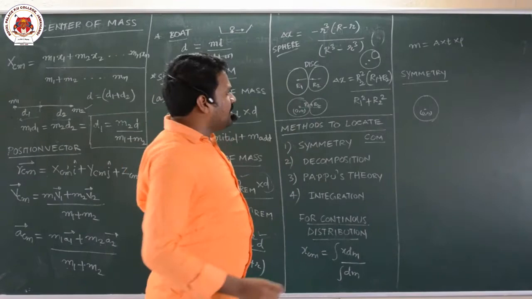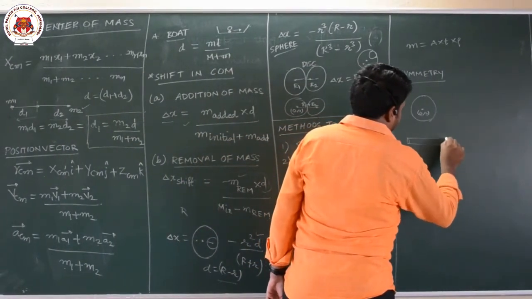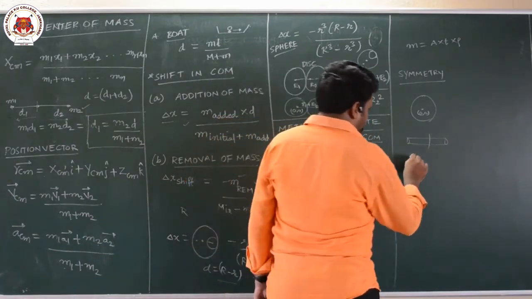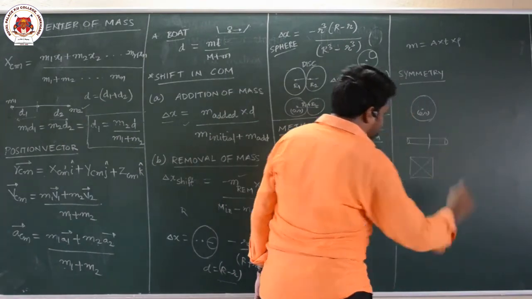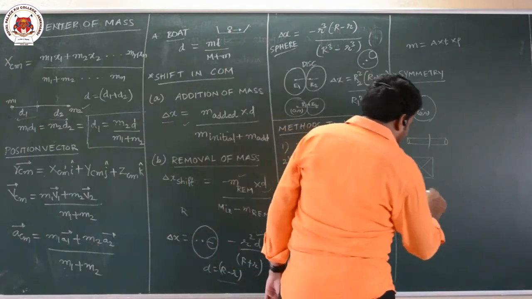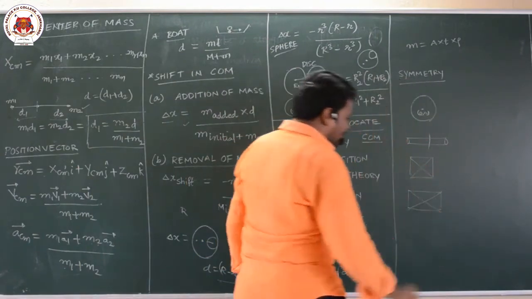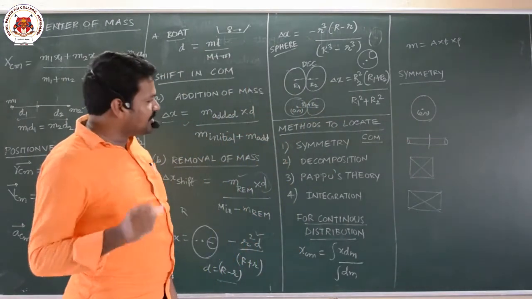Suppose you take a rod, the geometric center will be its center. If you take a square lamina, the intersection of diagonals will be the center of mass. If you take a rectangle, the intersection of diagonals is the center of the rectangle. Similarly, if you take a sphere, the geometric center will be the center of mass.